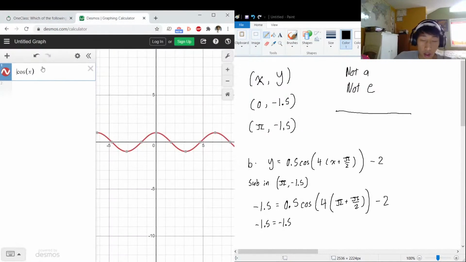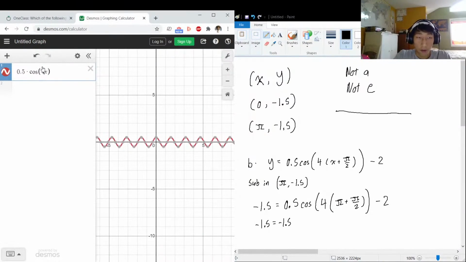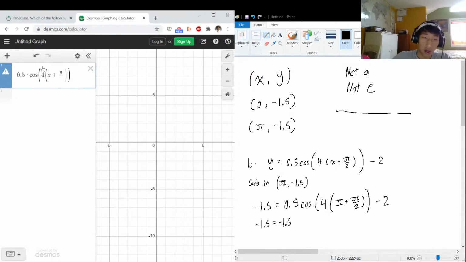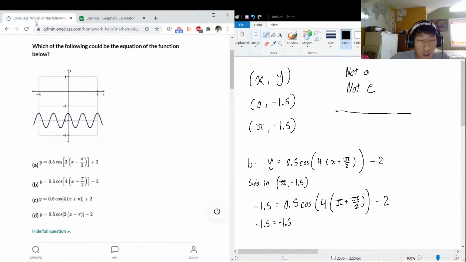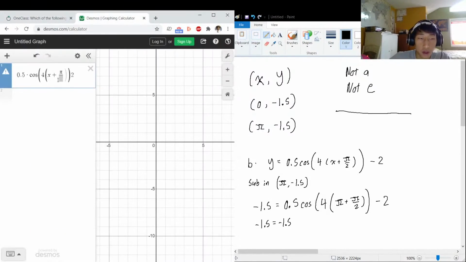So it was 0.5 times cos, it was 4x. You see, if we multiply by 4, how much more frequent the graph gets. It was 4 times (x plus pi over 2).